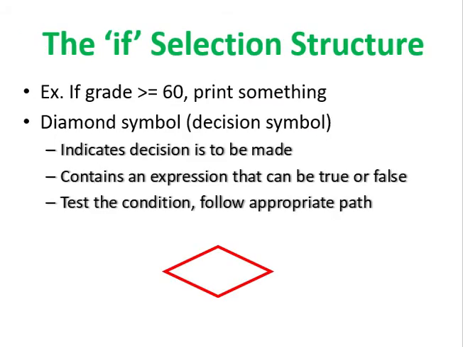Now we discuss the selection control structure, which includes, as we discussed earlier, if-else, case, and others. So if grade is greater than 60, print something.